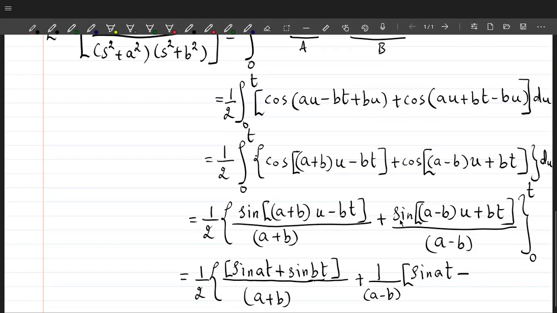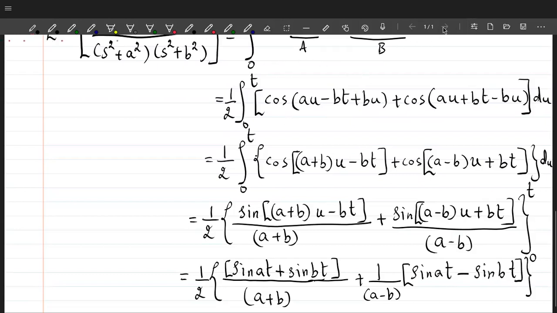Lower limit is 0 here. So sine of a minus b into 0, which makes this term 0, and you get sine bt. So actually what you get is sine of 0 plus bt, that's sine bt. You can just copy the value of lower limit as it is and then close the bracket.